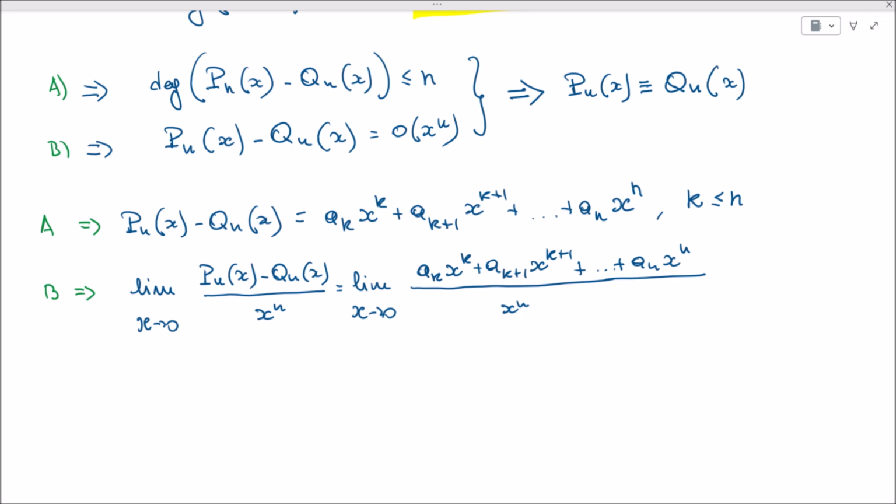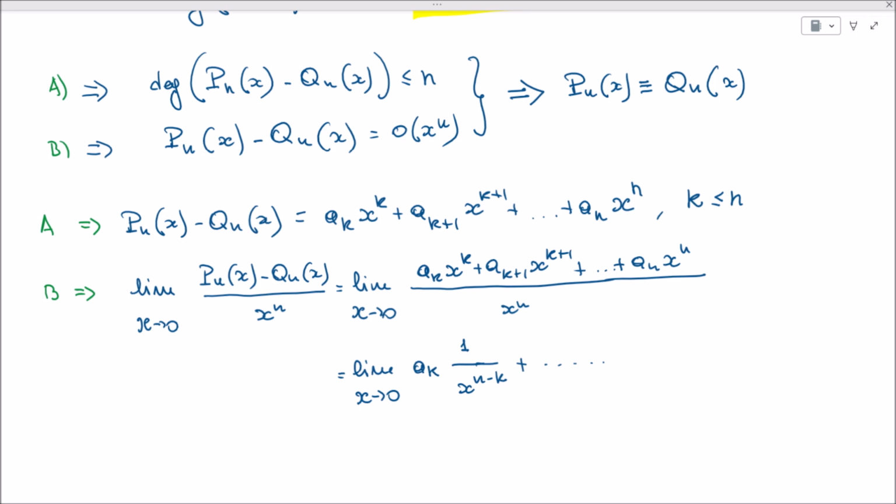Now we know that k is less than or equal to n, right? So we can also rewrite this as the limit as x goes to 0 of a first term, a_k x to the k divided by x to the n, which, by just using the properties of powers with the same base, we can rewrite as simply 1 divided by x to the n minus k, plus all the other limits.